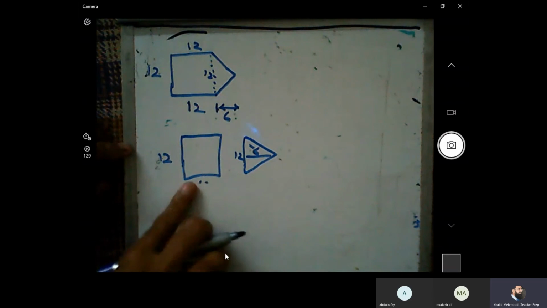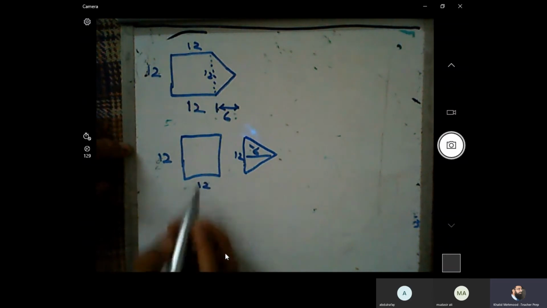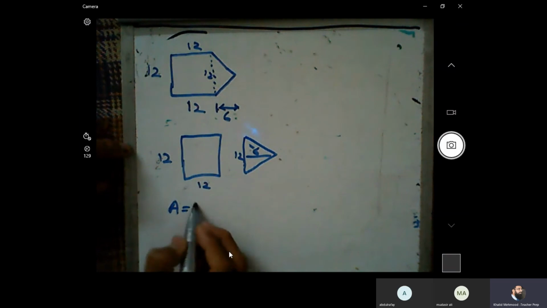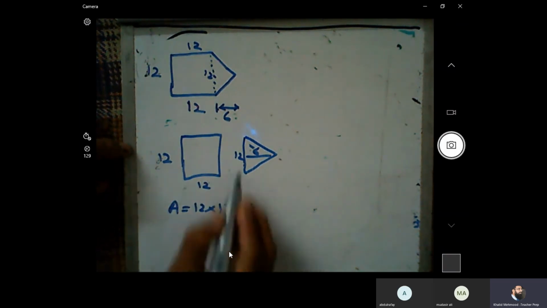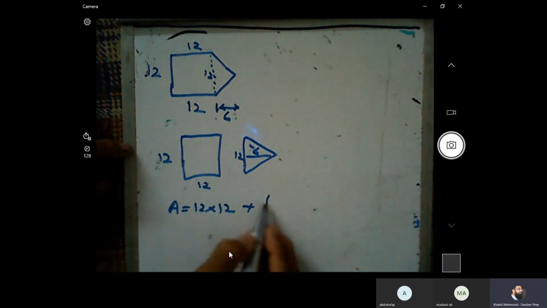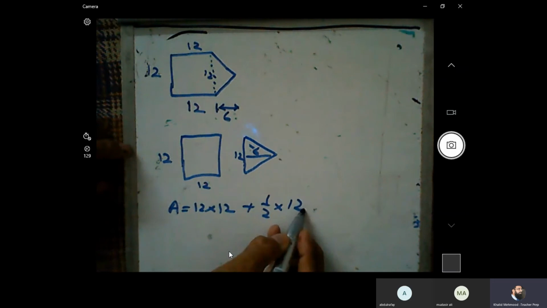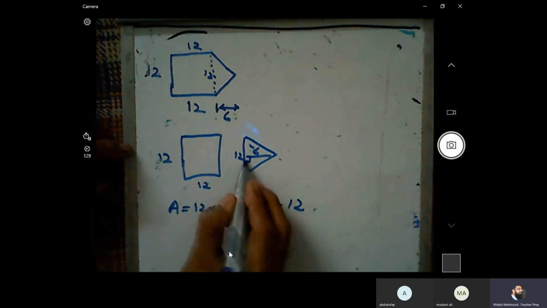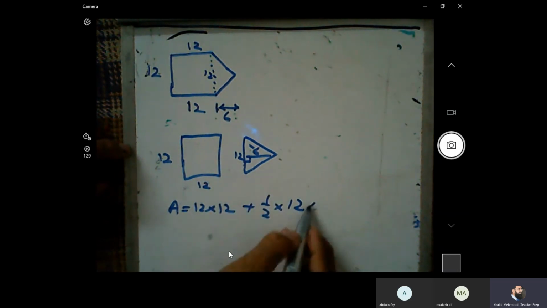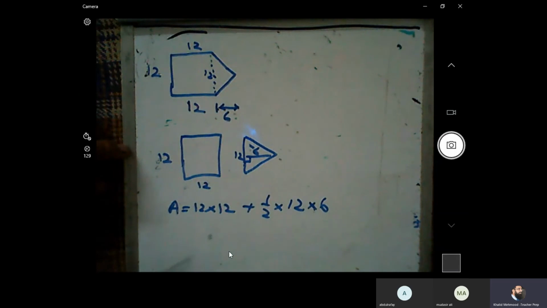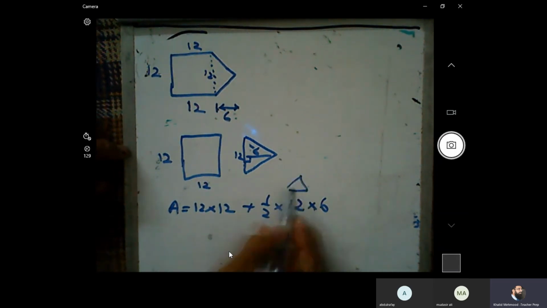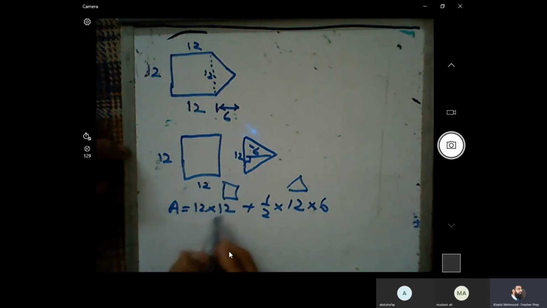So now we can find out the area of both the figures. Its area will be 12 multiplied by 12, length into breadth, plus the triangle's area, which is half into base into height. The base is 12 and the perpendicular distance is 6. This is the triangle area formula, and this is for the square shape.